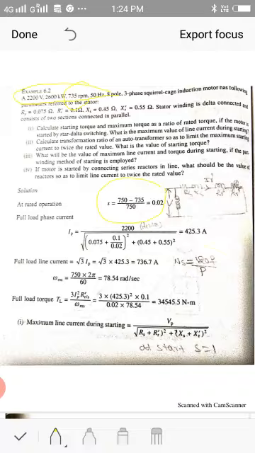You can just check it: 120 f by p, where f is 50 hertz and p is 8 poles. If you substitute these, you get Ns as 750 rpm. Since Ns is 750 and the motor is rotating at 735 rpm, slip will be equal to 0.02.